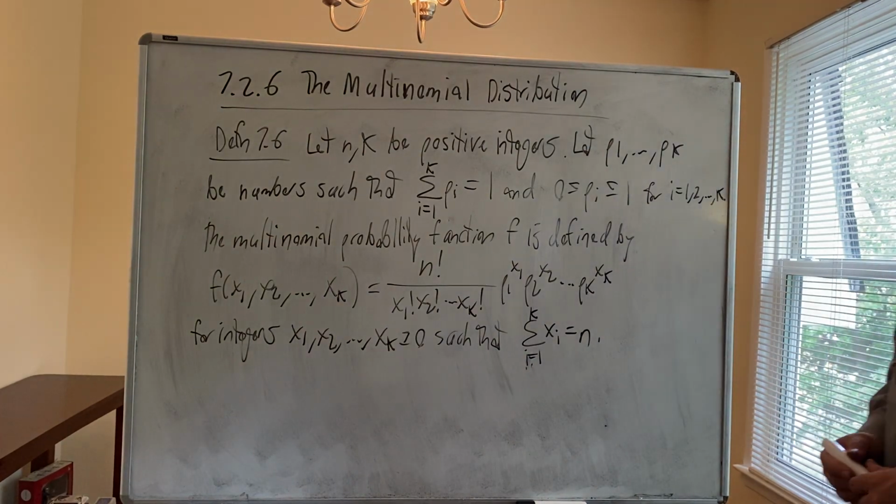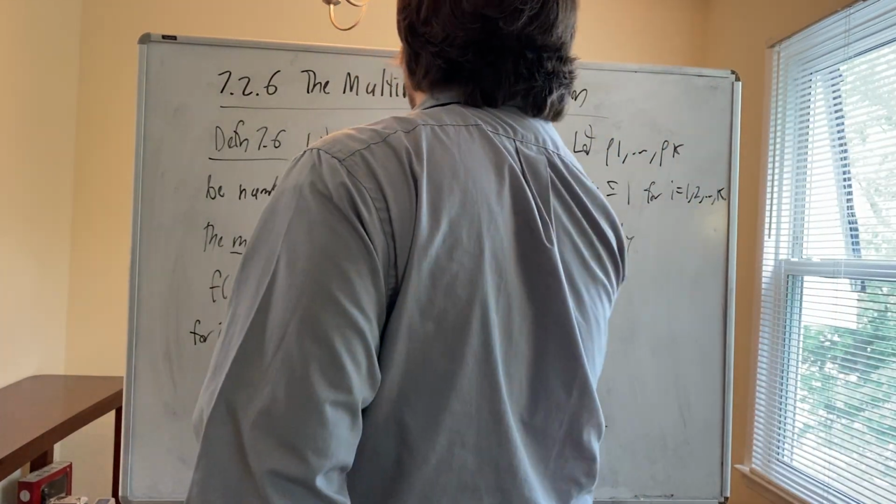Okay, so this is a definition of the multinomial probability function.